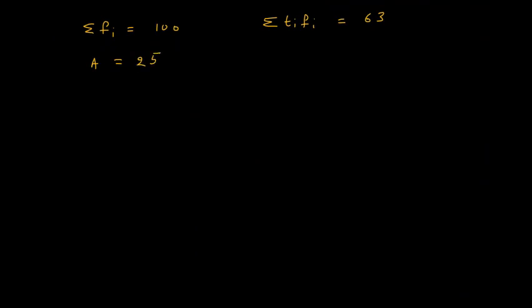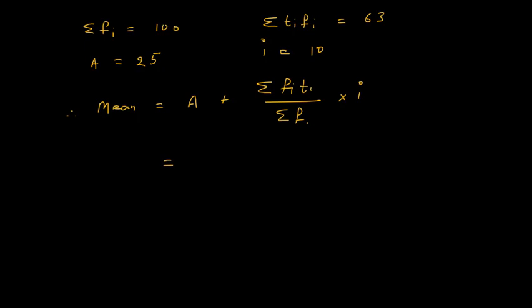So we write the formula for mean. Mean is equal to A plus summation of Fi into Ti divided by summation of Fi, multiplied by I. Write the value of I also, by which you are dividing. So you are dividing by 10. So I is 10.